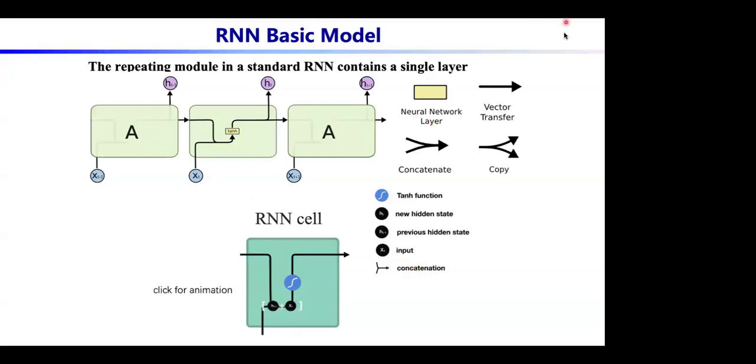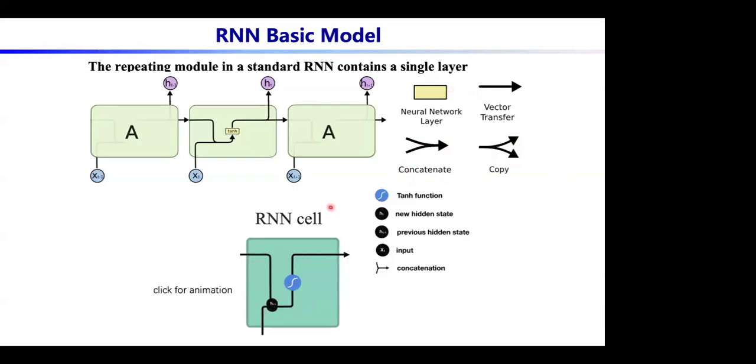Regarding the operations, there must be some definition of the symbols, so it is listed here. The block is a network, and depending on how you join or add up the information together, there is the concatenate operation, the simple copy operation, or operations that just go straight forward.